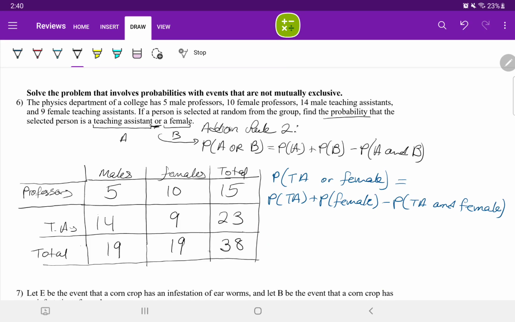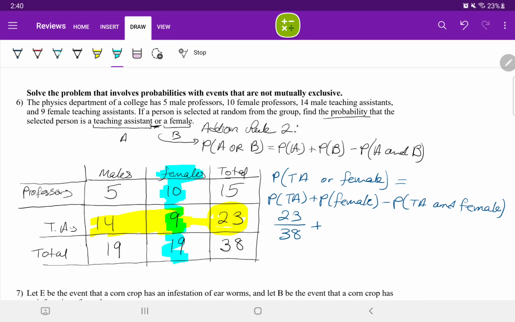Remember, there are 38 people. Out of my 38 people, I have 14 and 9, a total of 23 teaching assistants. So that's going to be 23 out of 38 plus. When it comes to females, 10 female professors, 9 female teaching assistants.